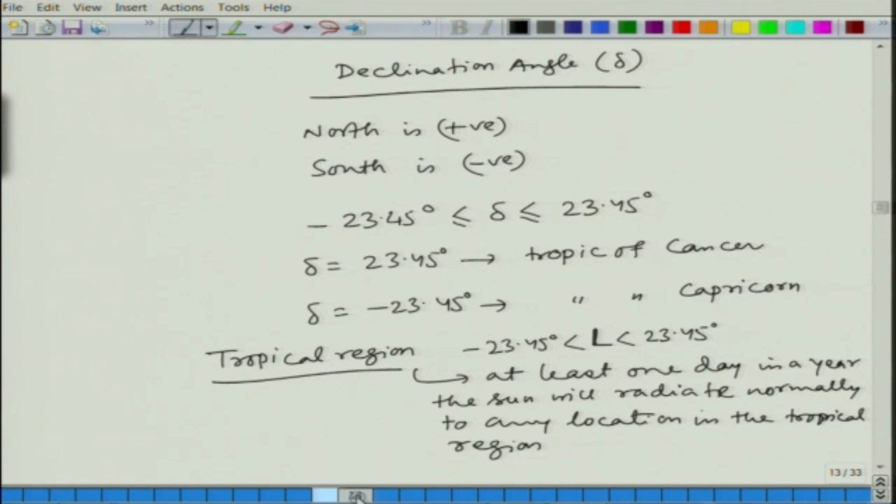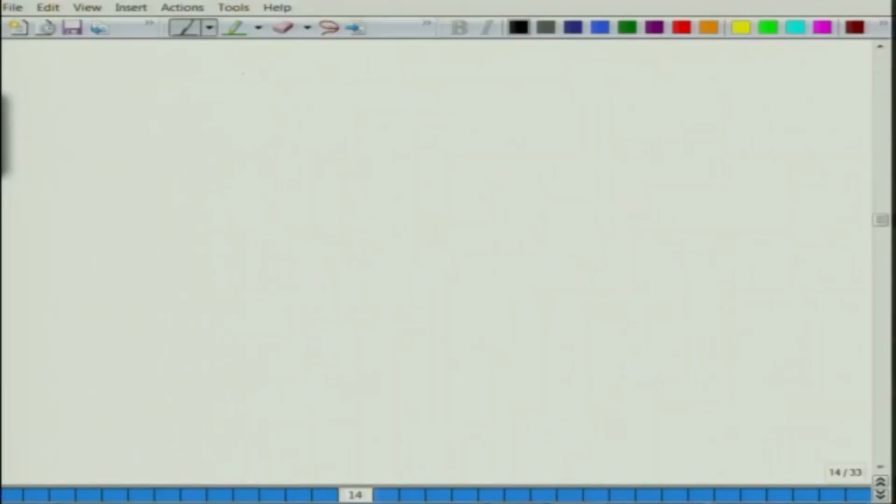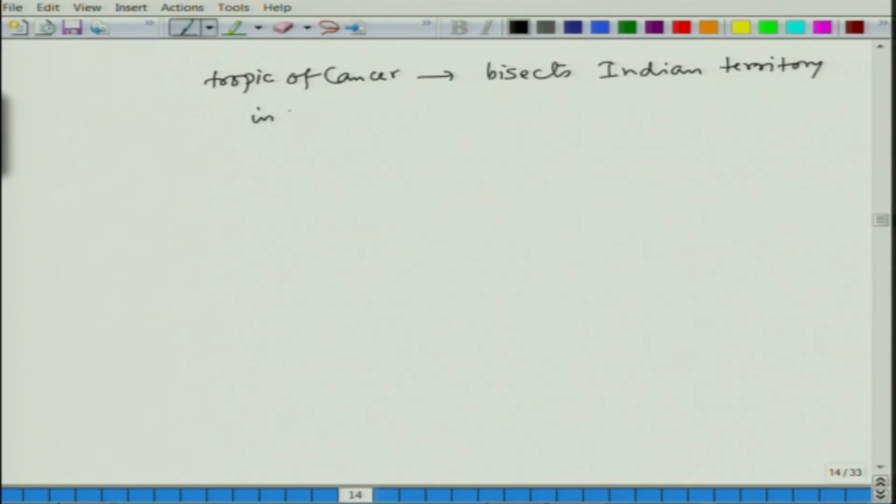In our country, the Tropic of Cancer actually bisects us in north and south. So, the Tropic of Cancer bisects Indian territory in two parts.